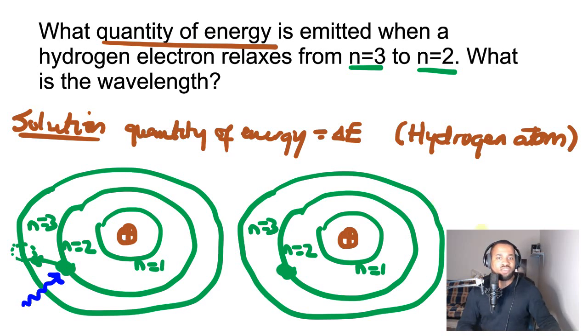So that electron that was here will actually lose that particular wavelength or energy, and so therefore it will actually drop back to the n equals 2. So that leads us to our specific question, where we're saying that the electron relaxes, which means it goes from a higher energy level to a lower energy level.